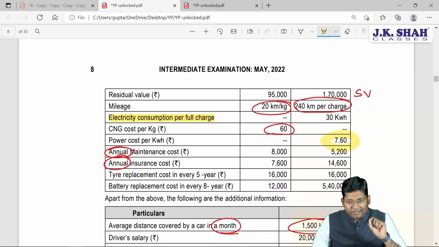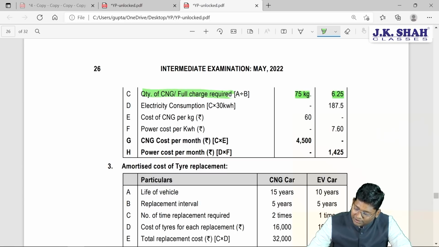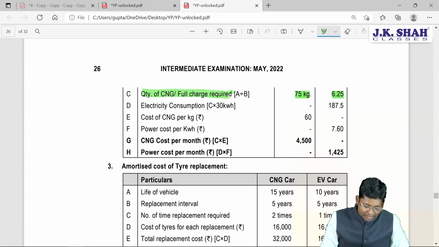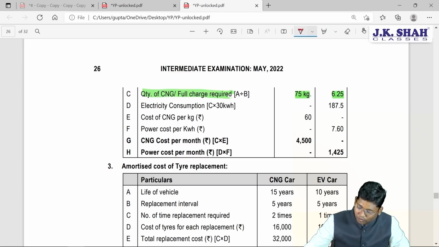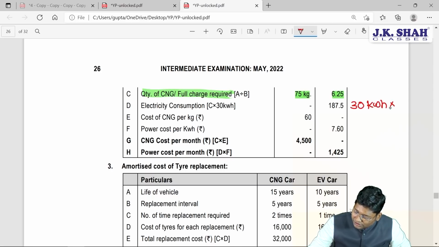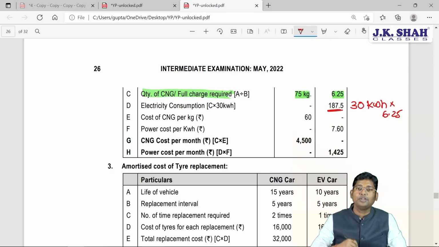So your electricity consumption for one charge is 30 kWh. Then for the purpose of the given data, we have computed the electricity consumption, that is 30 multiplied by 6.25, which will give you 187.5. Hope you got this. 30 kWh per charge, so the number of charges required is 6.25. This will give you total electricity consumption of 187.5 kWh.